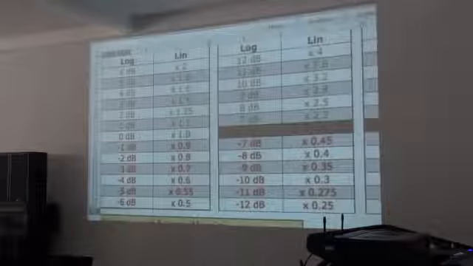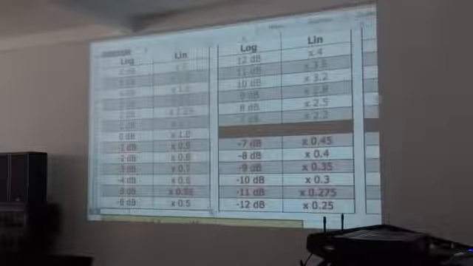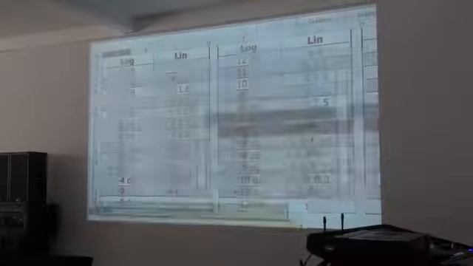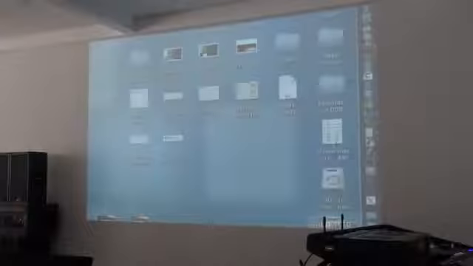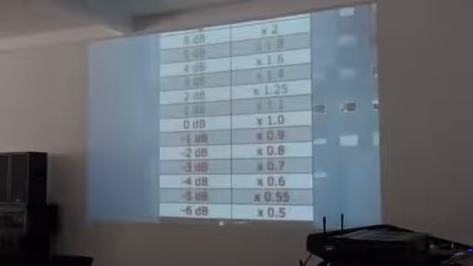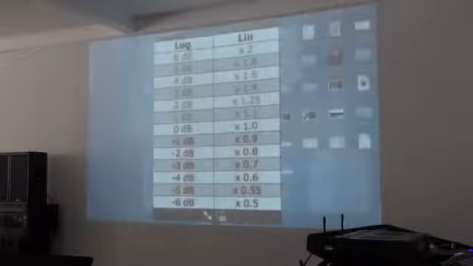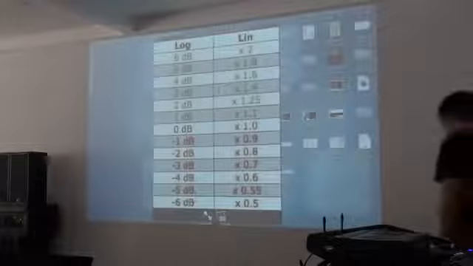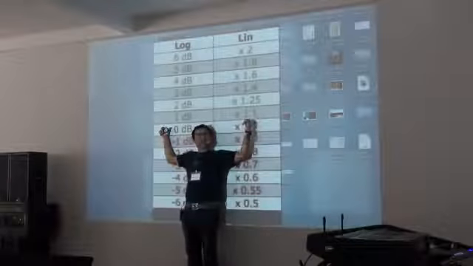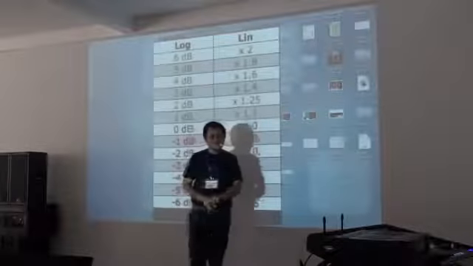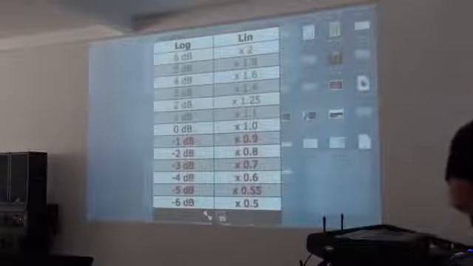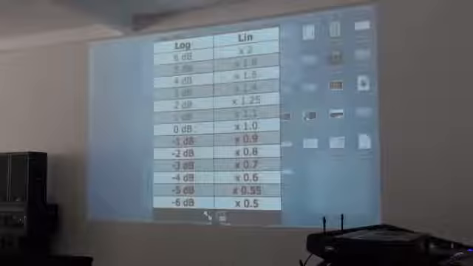In other words, you have to memorize these values here. So, 0 dB is the same as 1 in linear, or multiplying by 1.